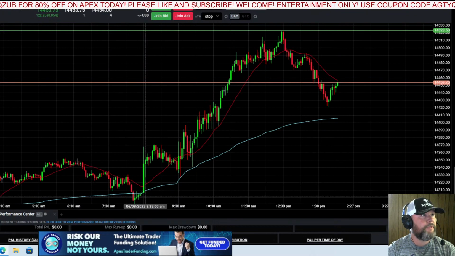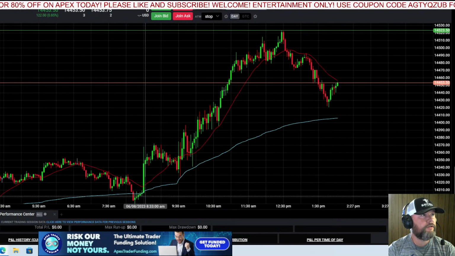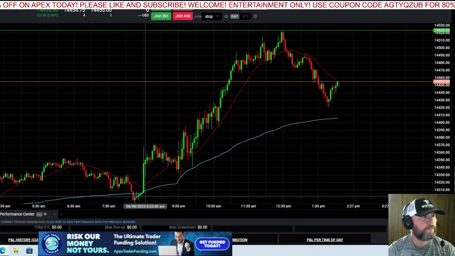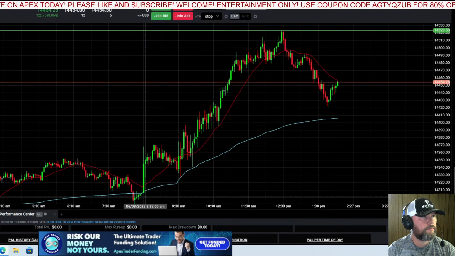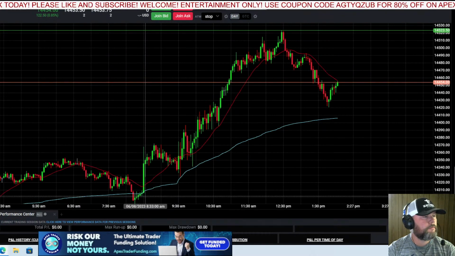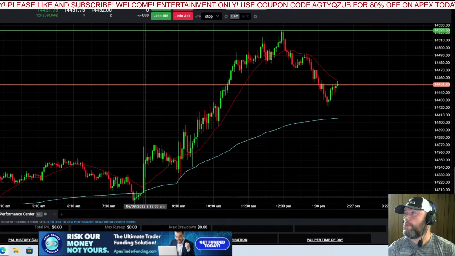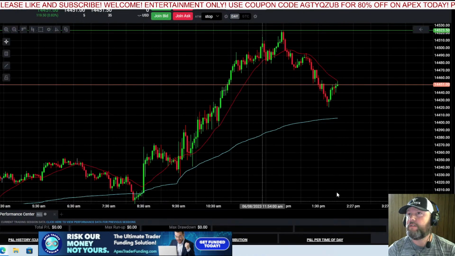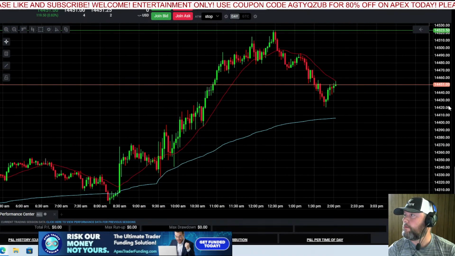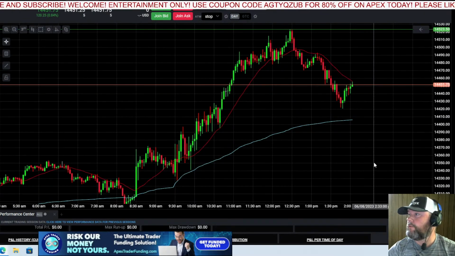Kind of traded down to that pivot at the 438, 437 on the Nasdaq there. All right, let's take a look here, see what happens at this 20 SMA.